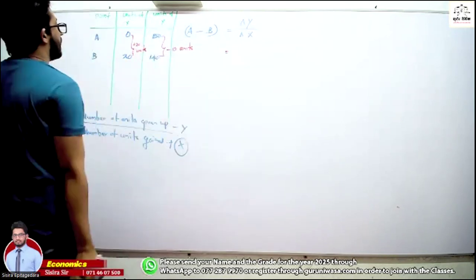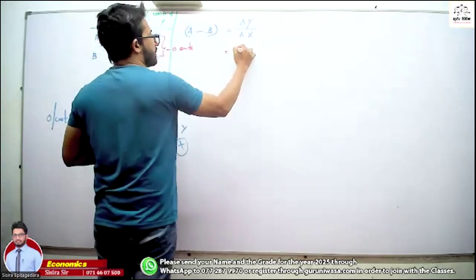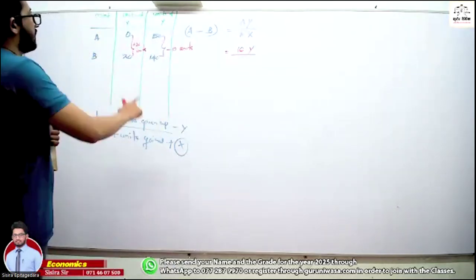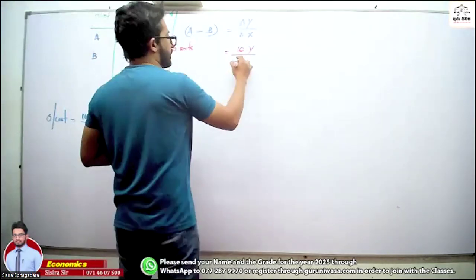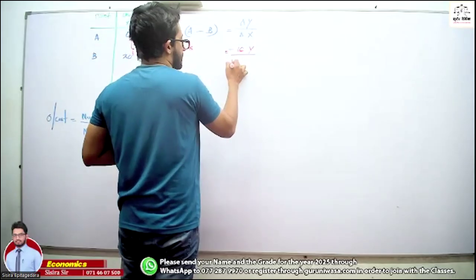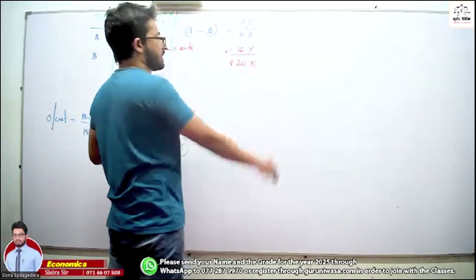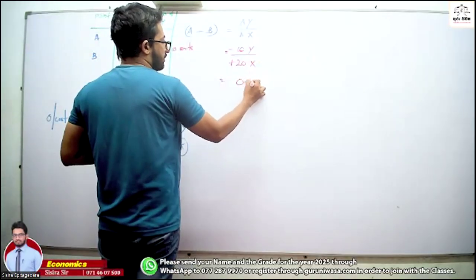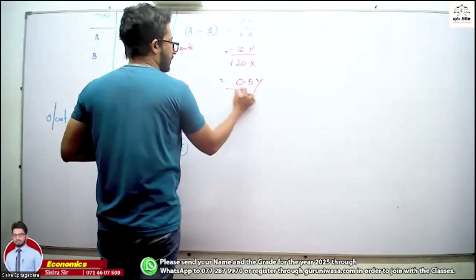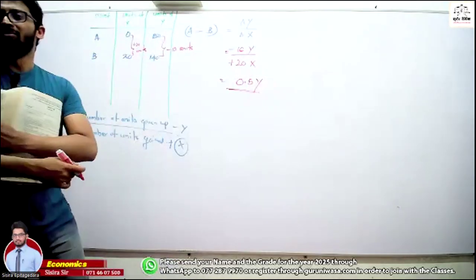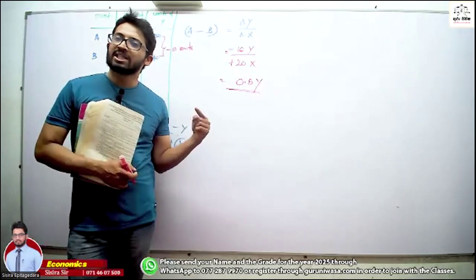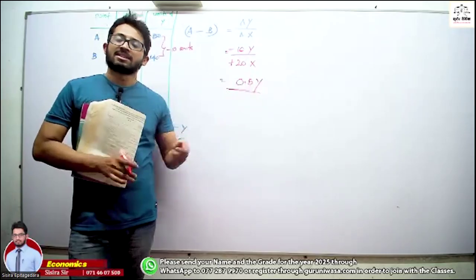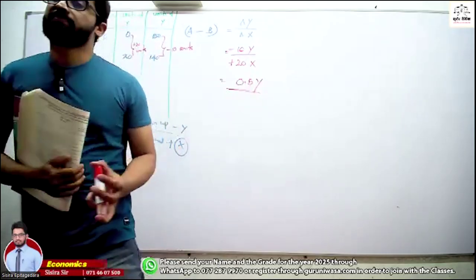So when moving from A to B, 10 units given up from Y divided by X production increase of 20 units. Then 10 over 20 means 0.5 Y. This is the opportunity cost. Economy has to give up 0.5 units of Y to increase X production by 1 unit. That's it.